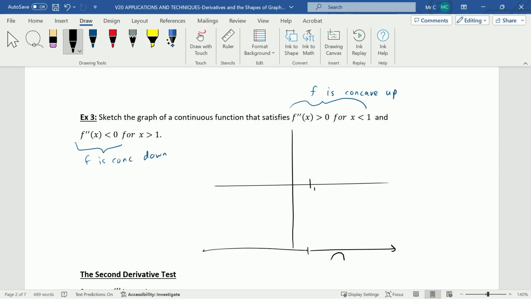For x less than 1, the first condition said it was concave up, so we'll label it with a cup facing up. And so at 1, it has to change concavity, like that. And that's a graph that does exactly what was asked.